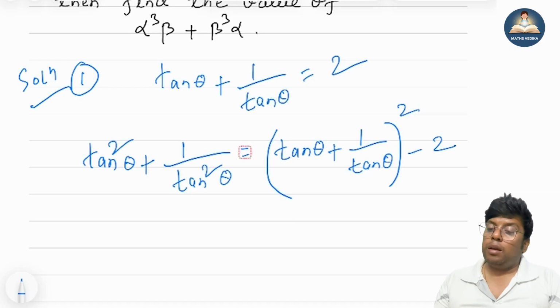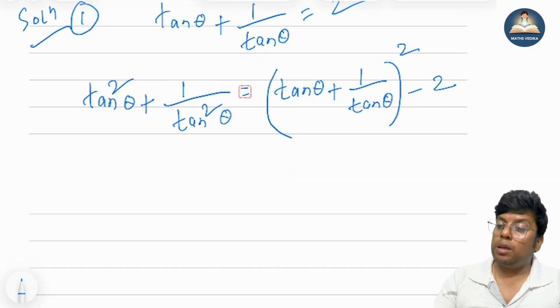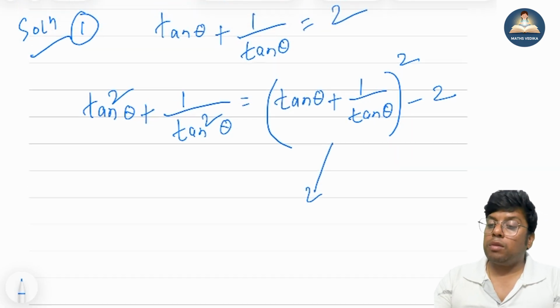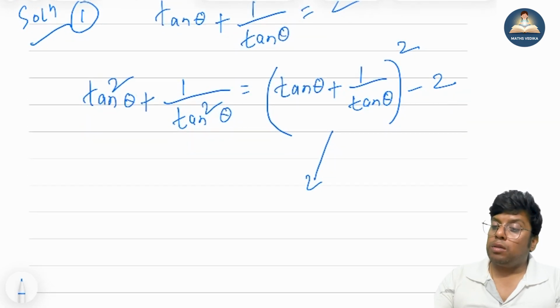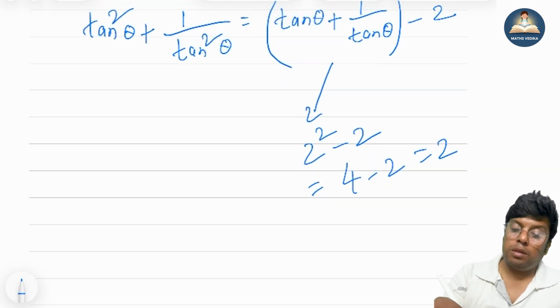Okay, when we solve this, tan theta plus 1 by tan theta whole square minus 2 will leave us with tan square theta plus 1 by tan square theta. And we have tan theta plus 1 by tan theta is equal to 2, so we'll put the value: 2 square minus 2. So 4 minus 2 will be equal to 2, hence the solution.